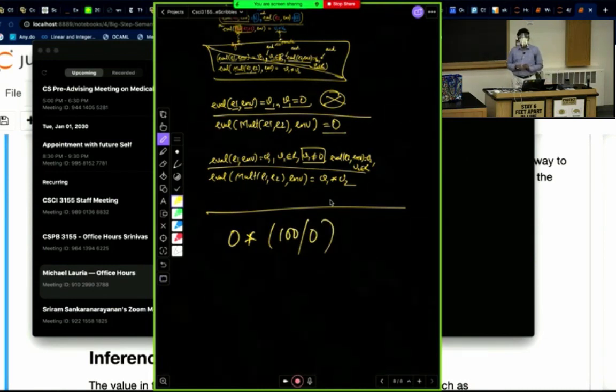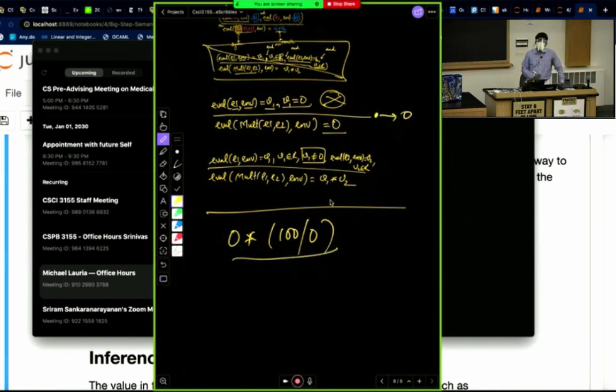What do you want the answer to be? Undefined, right? In most programming languages the answer will be undefined, not 0. So if you wrote a rule like this, then this rule is saying that this expression better be a 0. But that's not what programming languages do.